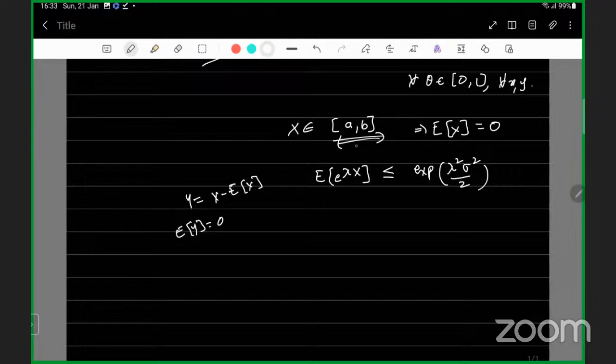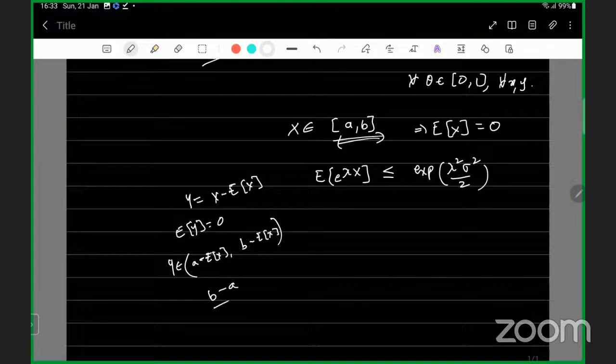Your y will belong to a minus expected x to b minus expected x. The length of the interval is the same, right? Like this is b minus a, this is also b minus a. Either for x or for y, the length of the interval is still b minus a.